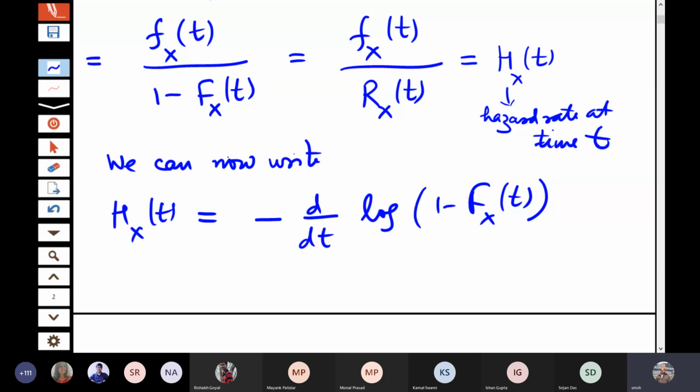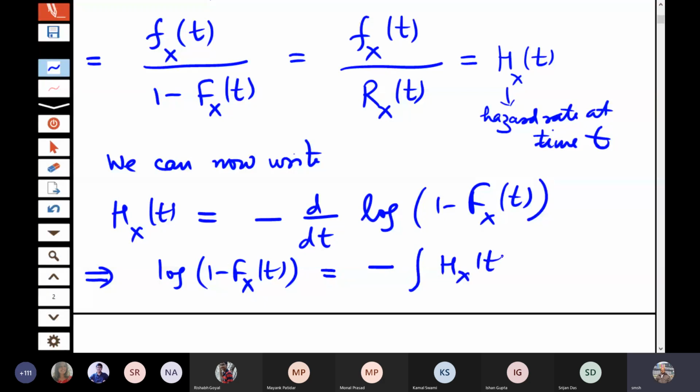This can also be considered as a differential equation, which we can just solve. This implies that log of 1 minus F_X(t) is equal to minus the integral of h_X(t), and of course plus some constant.